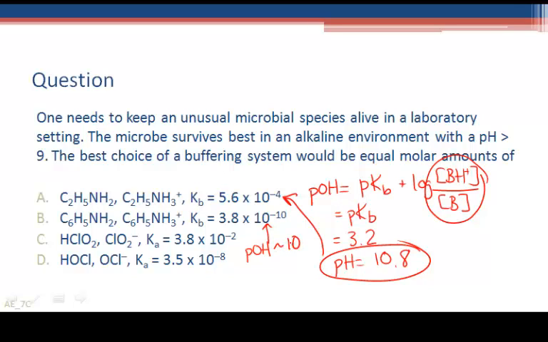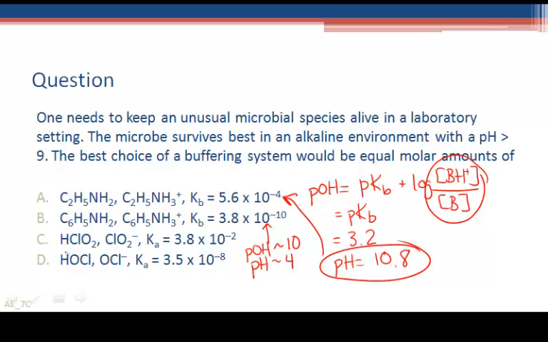Okay, that won't be exact. It's going to be more like 9.4, but around 10, so we know that our pH will be around 4. That would not be a good choice for a system that needs an alkaline system.